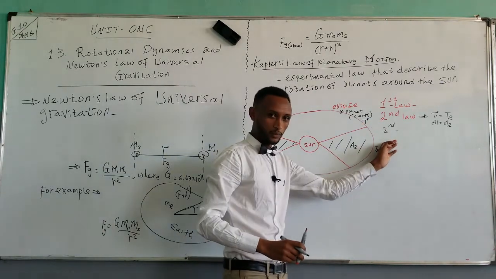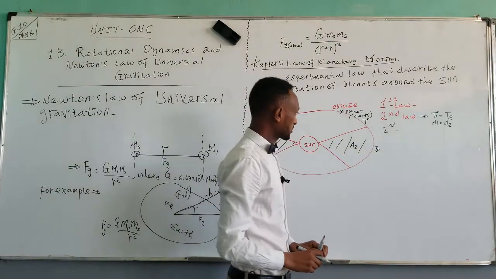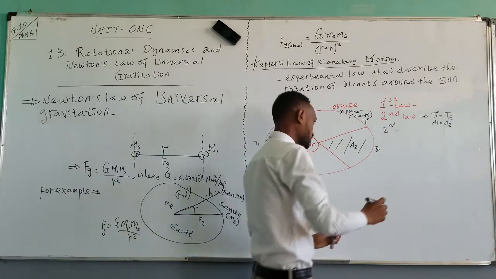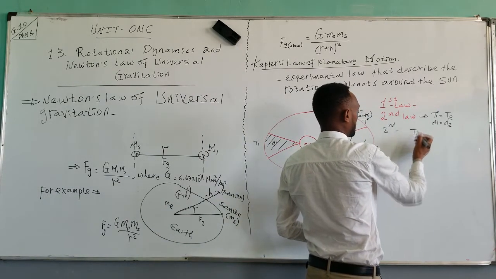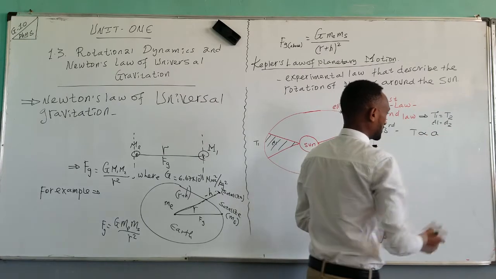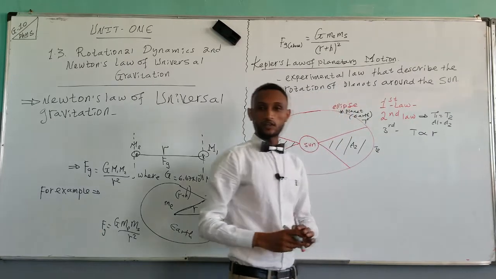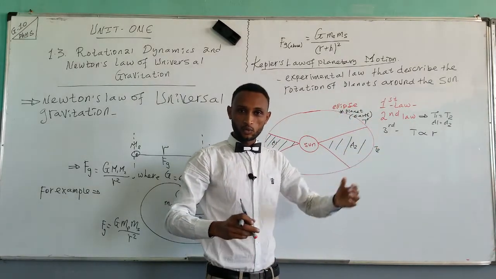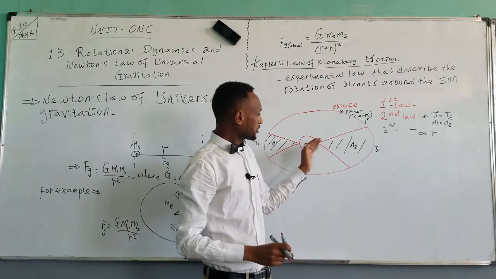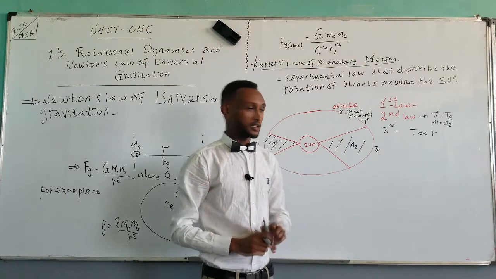According to the third law, Johannes Kepler described that there is a relation between the period, the duration the planet takes to orbit the sun, and the distance between the sun and the orbit, that is, the average distance.